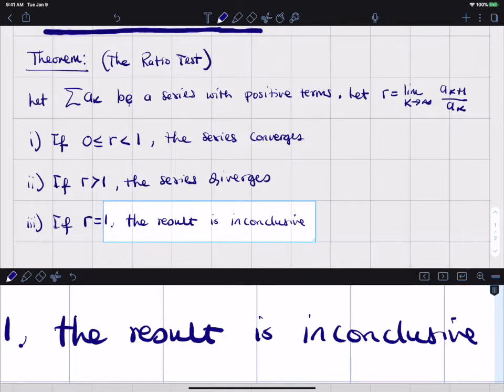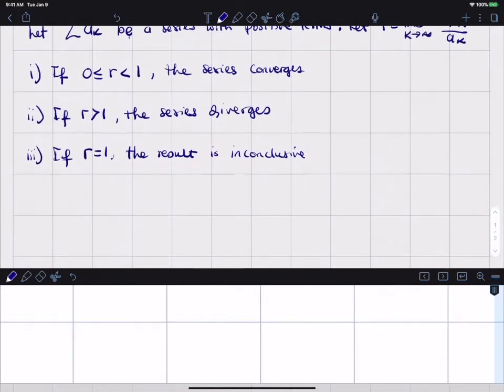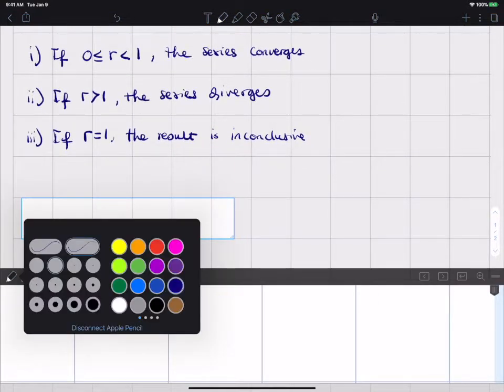One thing I'm going to say is that one good time to use the ratio test is when you have factorials, right? So let's do a little review of factorial in green.